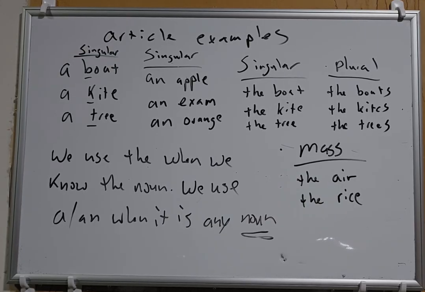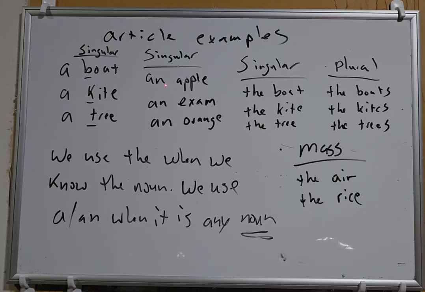Here are some examples where we use a, an, and the. Singular nouns, a boat, a kite, a tree. When we have consonant sounds, t, k, b, we use the article a before these nouns.